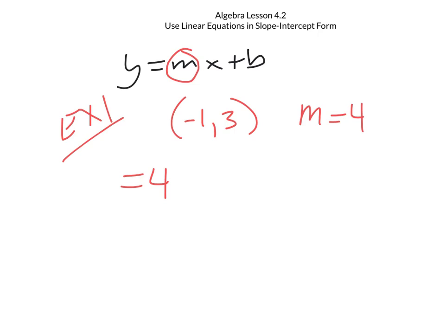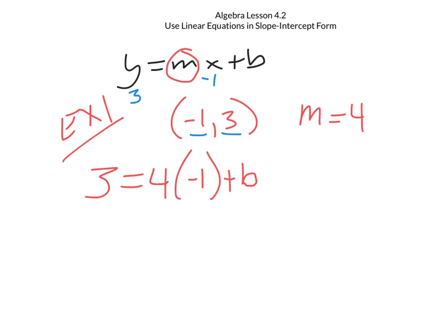Now how am I going to find the y-intercept, the plus b at the end? I can plug in my x and y, right? So x would be -1 and y would be 3. So I can say 3 equals 4 times -1 plus b.